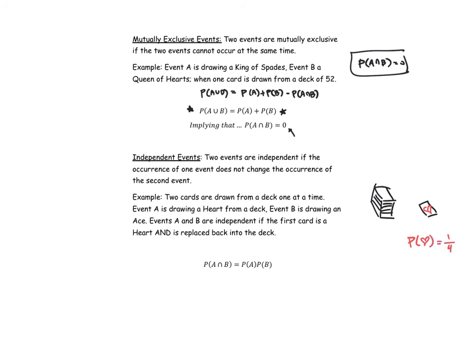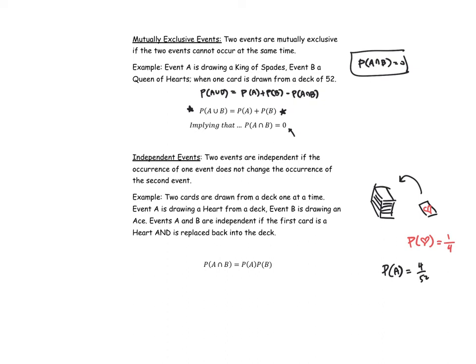There's 13 hearts, 52 total cards, so the probability of pulling a heart is 1/4. If I replace it back into the deck, then the probability of pulling what was my second event, an ace, is 4 out of 52.